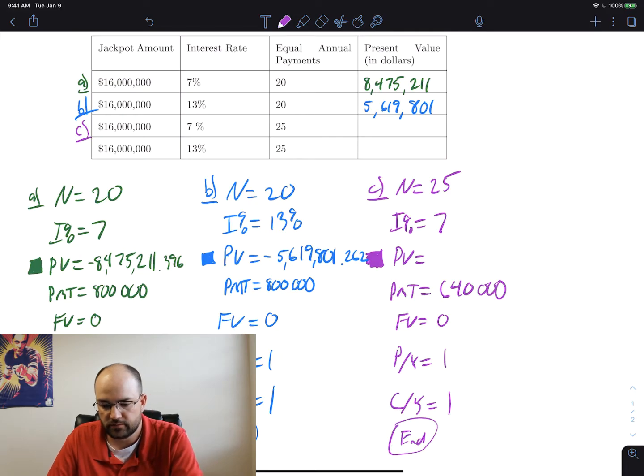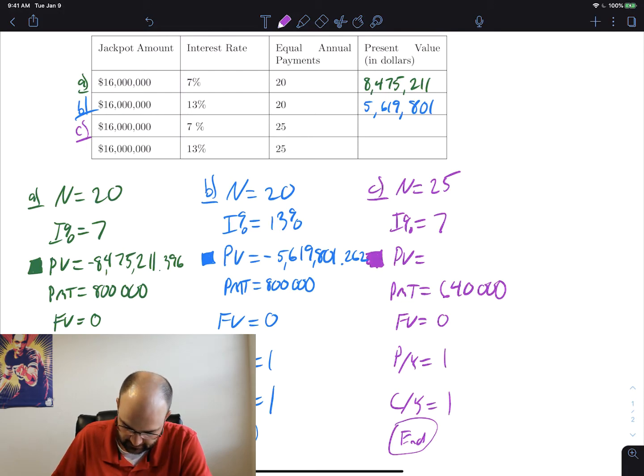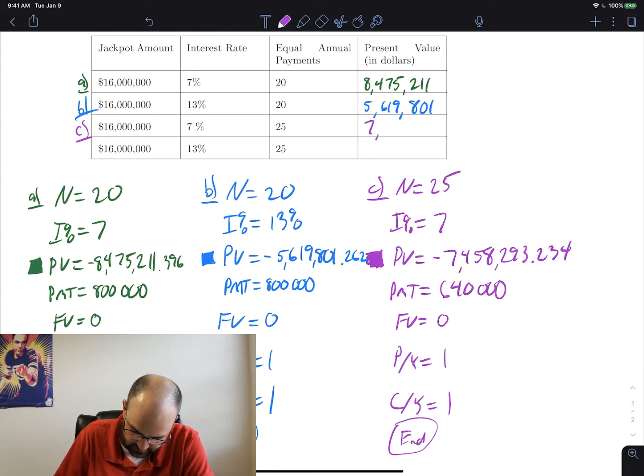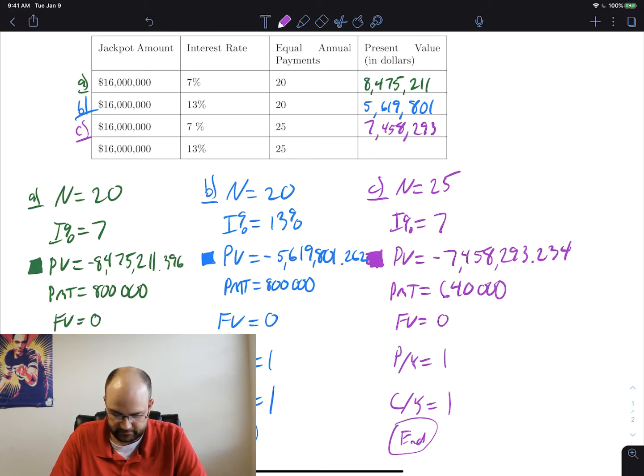So 25 payments, 7%, 640,000 for the payments gives me PV of negative 7,458,293.234. There we go. So $7,458,293. Awesome.